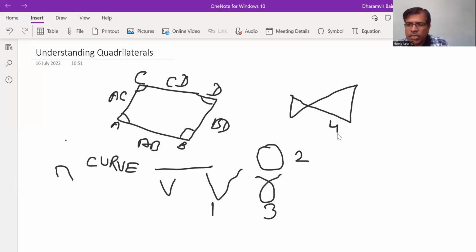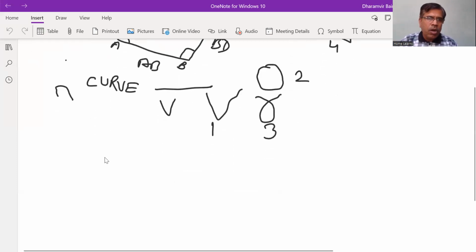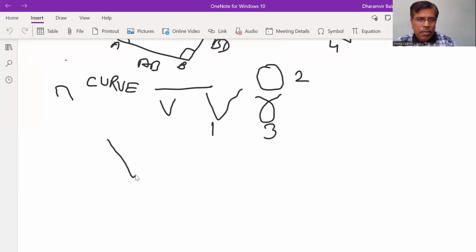Crossing means, like this, lines crossing each other. But figure 1 is not crossing itself. This is known as a simple curve.